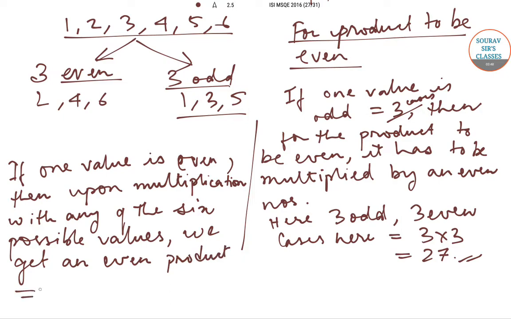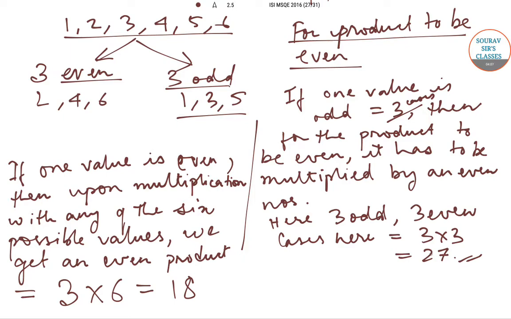So basically the number of even numbers in this case is 3 and the total number of values are 6. So 3 into 6 it gives 18.